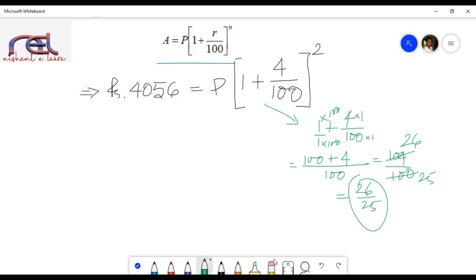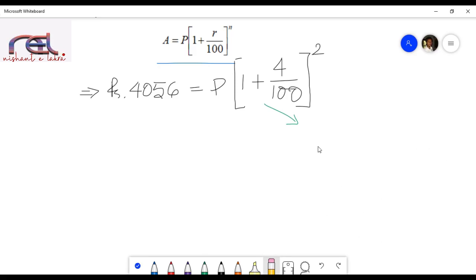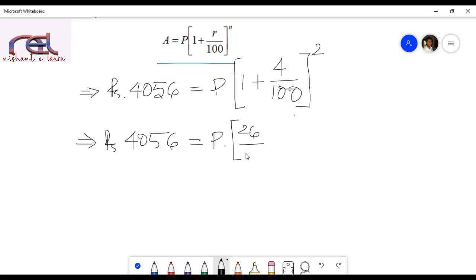We can do it by cancelling with 4. So we'll just replace the values here. The value of 1 plus 4 by 100 that we found is 26 by 25. That's what we have replaced here.